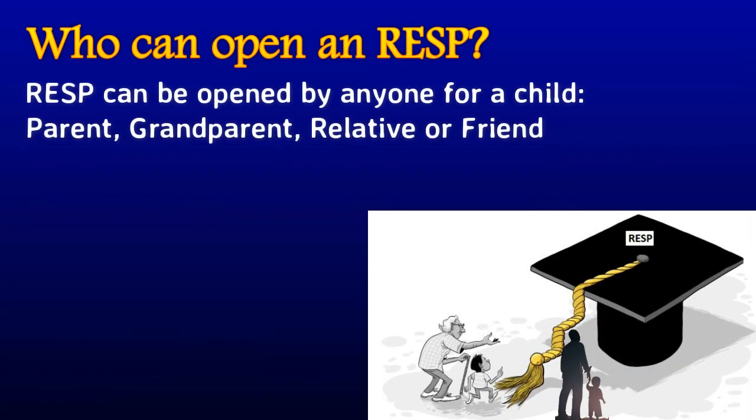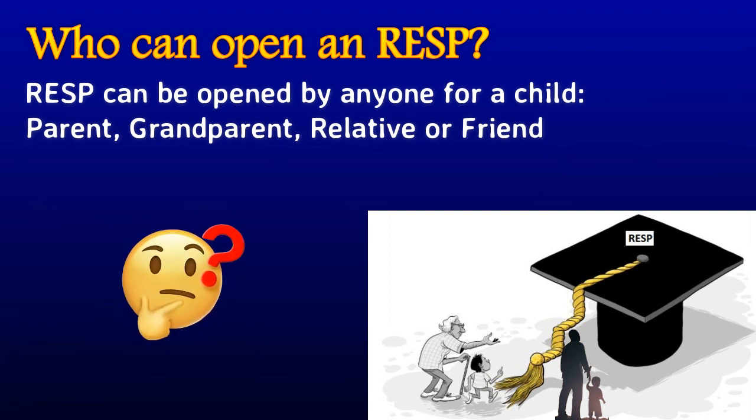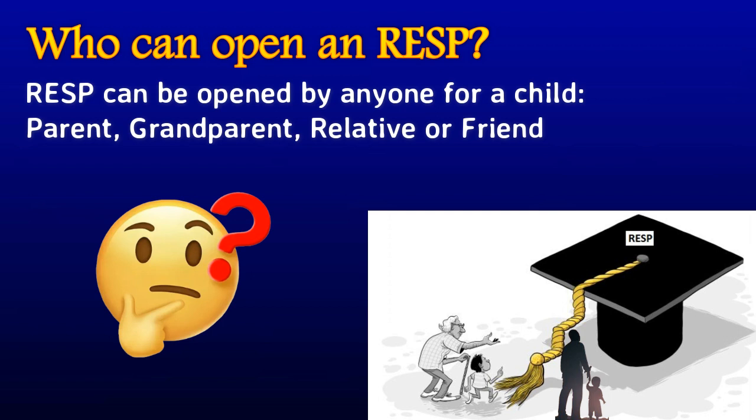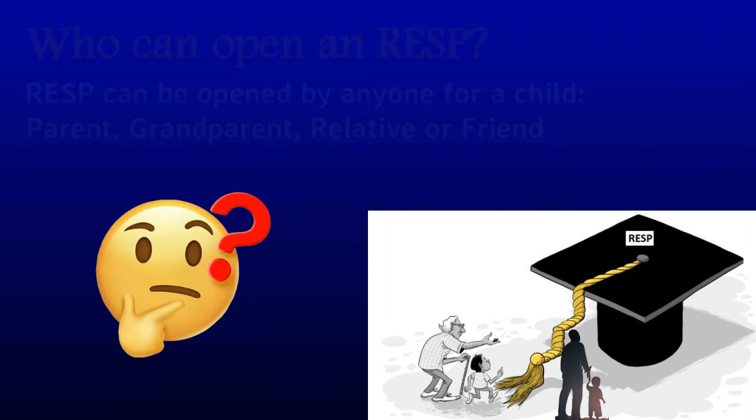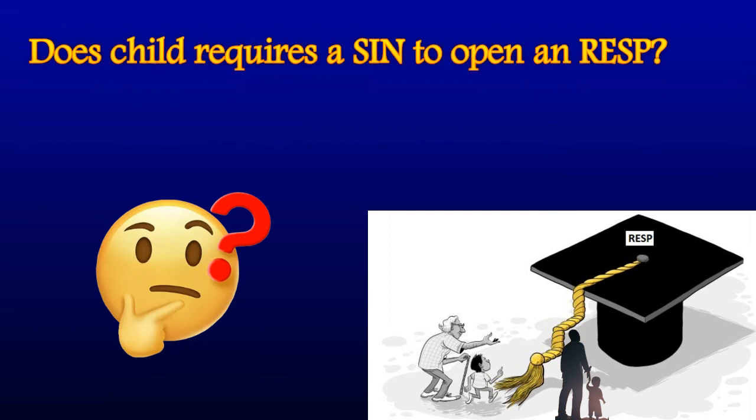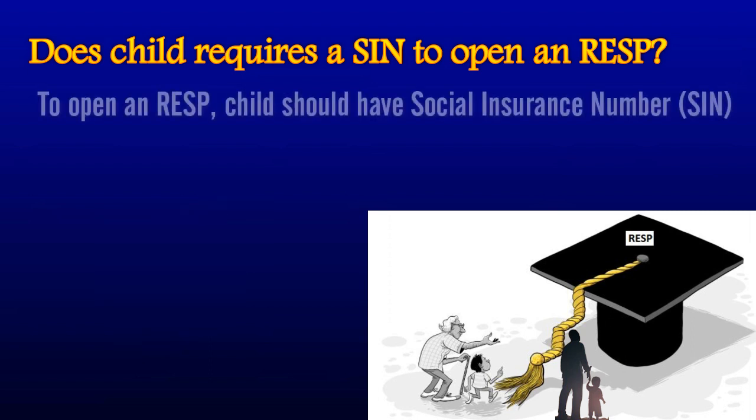An RESP can be opened by anyone for a child. They can be a parent, grandparent, relative or a friend. Now you may have one question in your mind. If we want to open an RESP account in a child's name, does the child require a social insurance number? That's absolutely right.